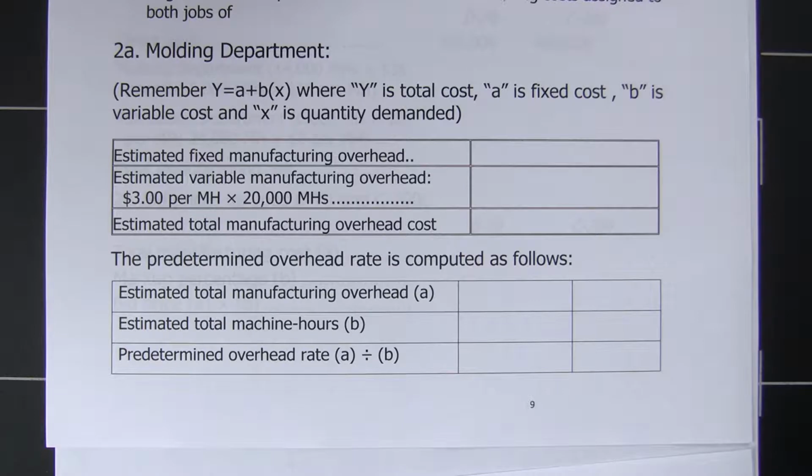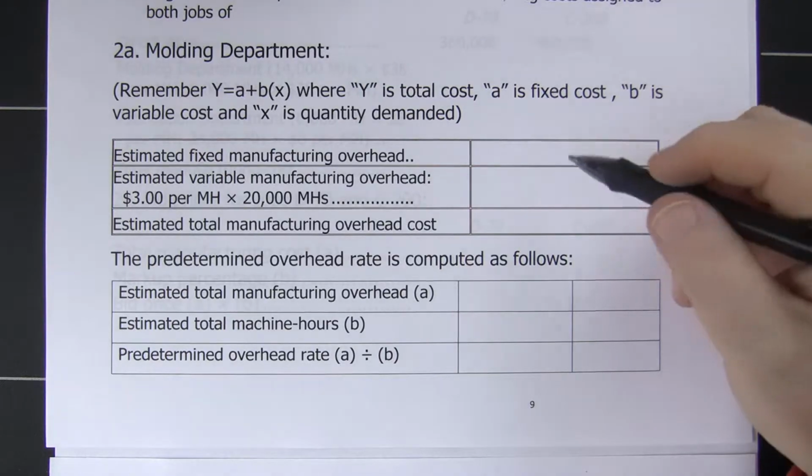We're going to do the same exact thing, except instead of combining it, we're going to do one for fabrication, one for molding, and when we price out the jobs, we're going to estimate using two overhead applications, one for fabrication and one for molding. But before we can do that, we have to get there.